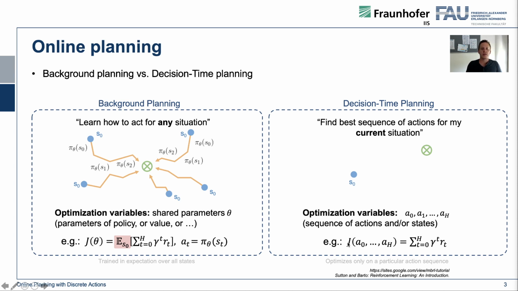In contrast, decision time planning or online planning is conceptually very different. In decision time planning, we use simulated experience to select an action for the current state. So we're never really trying to understand everything that happens around. We're just concerned with the current state we are in.